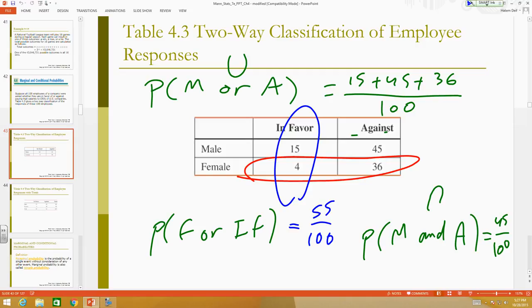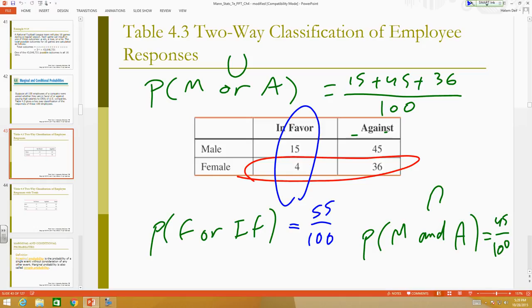Yes. You only add 4 plus 15 plus 36. Yes, and that's the trick that sometimes people don't pay attention to, and that's very important. Be careful. You count it one time. The common part should be counted one time. Okay now? Clear now the and, the or?